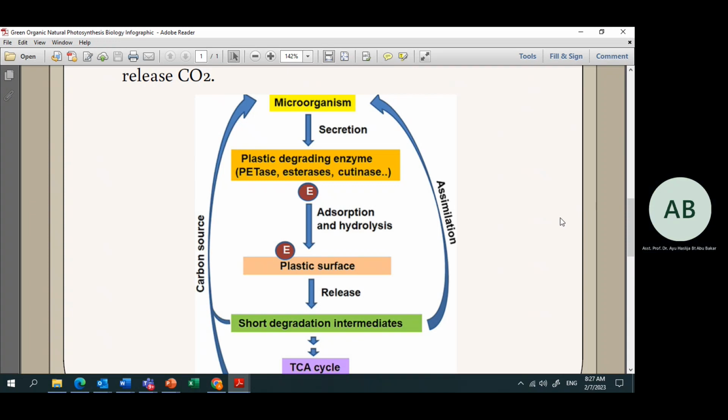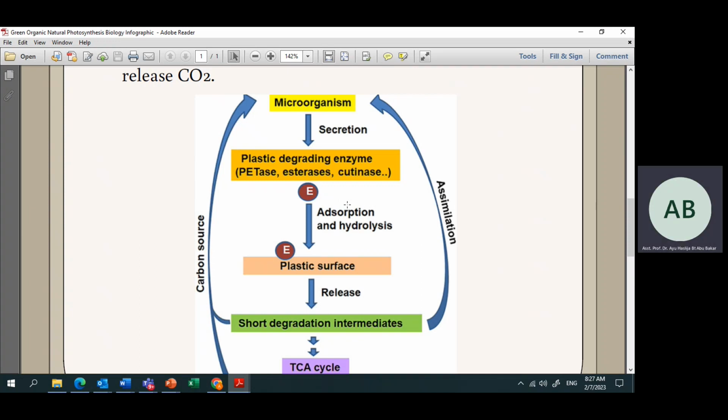Adsorption or absorption? AD. Okay, how do you understand the adsorption and hydrolysis over here?